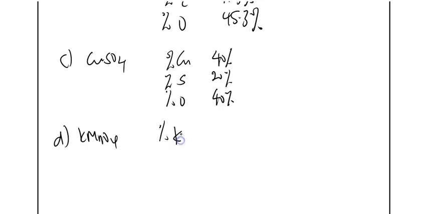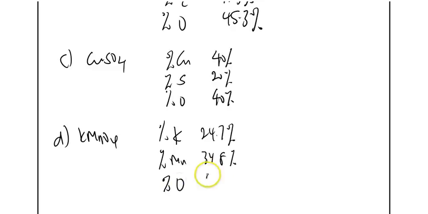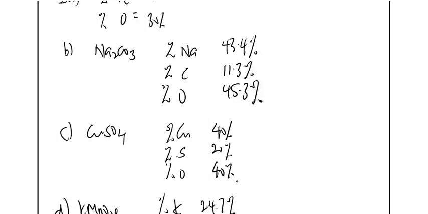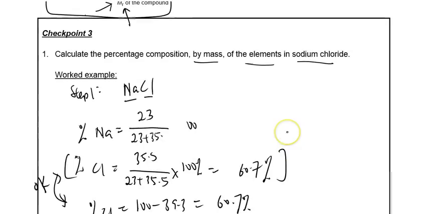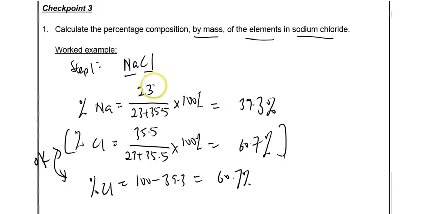Percent potassium, you should have 24.7%. Percent Mn, you should have 34.8%. And percent oxygen, you should get 40.5%. If you can't get the respective percentages here, go back up, look through the worked example, question number 1. It is simply the AR of the element you wish to find divided by the MR of the entire compound.